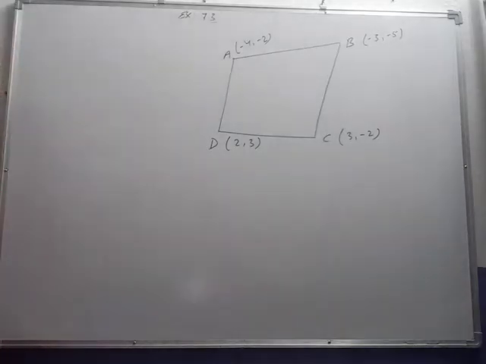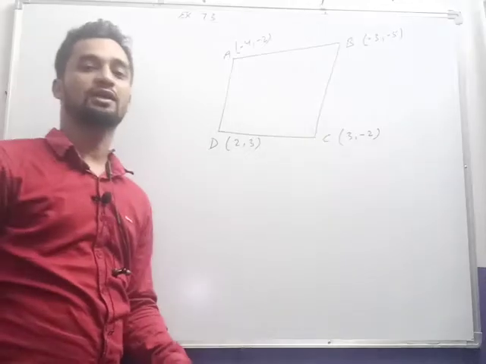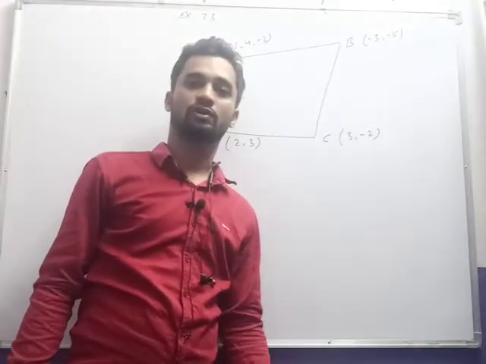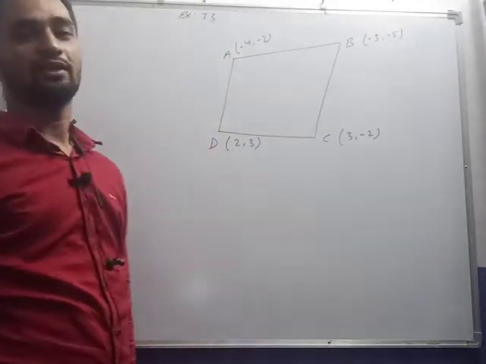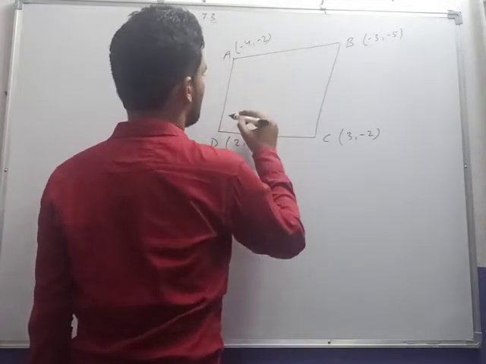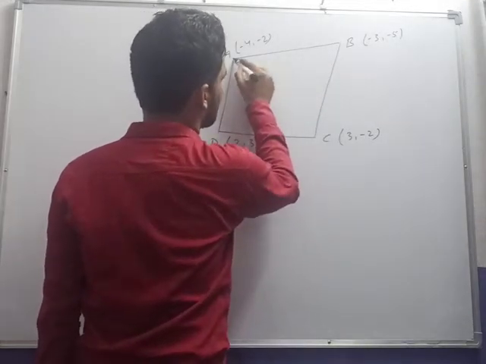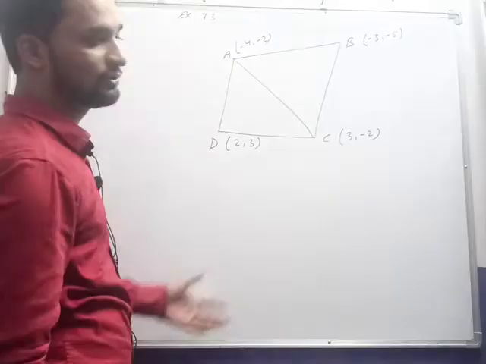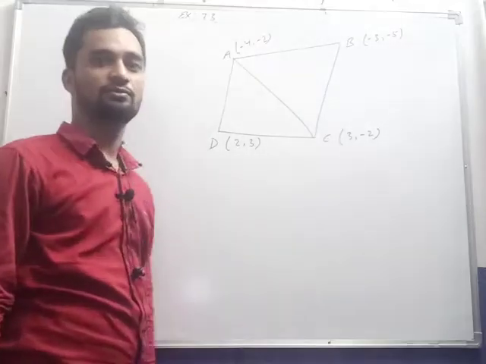Here, as we are studying the area of a triangle, we need to join one of its diagonals to find the area of this quadrilateral. Suppose we join AC. It has divided the quadrilateral into two triangles.